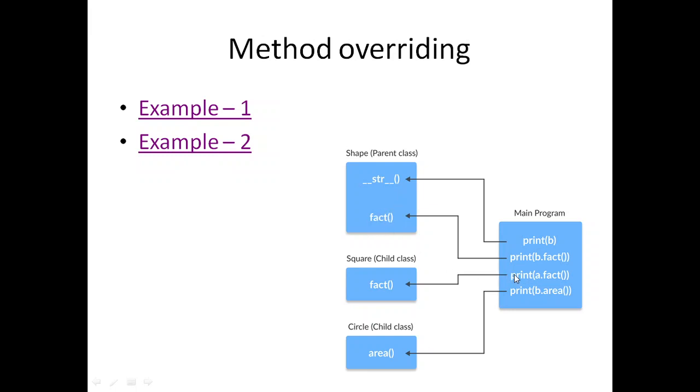Then when we call print a dot fact, there is a fact method inside square, so this will be invoked instead, so there is overriding here. Then again print b dot area: there is another area inside the shape class, but that won't be executed, only the child class area will be executed. So it's because of method overriding.